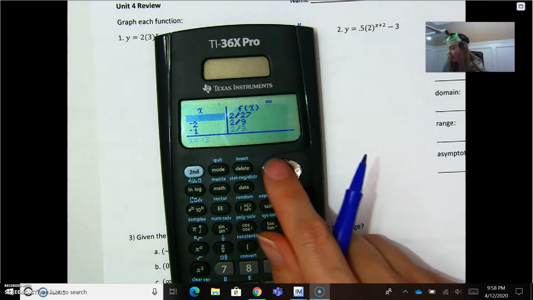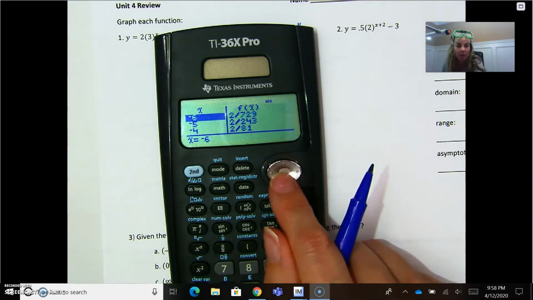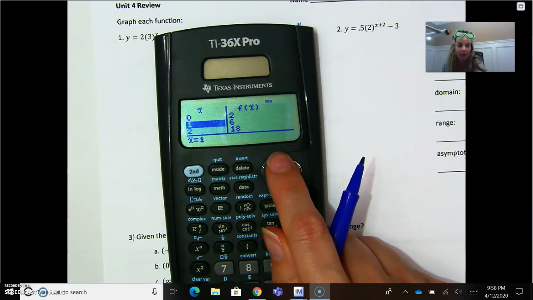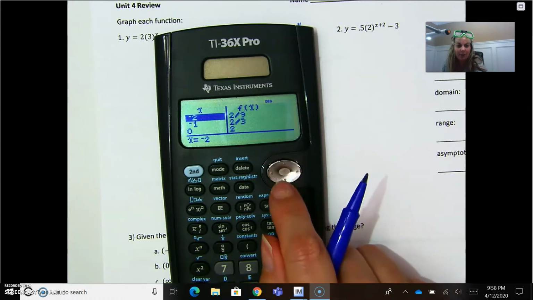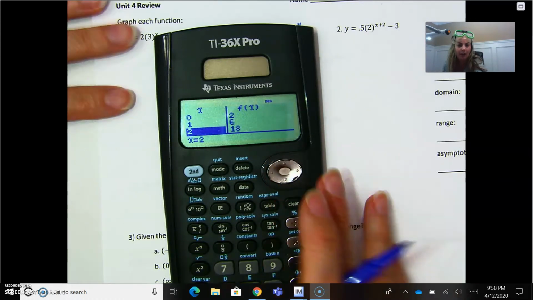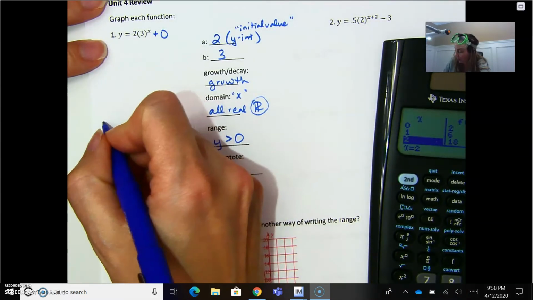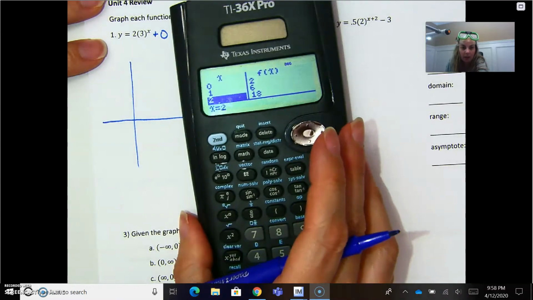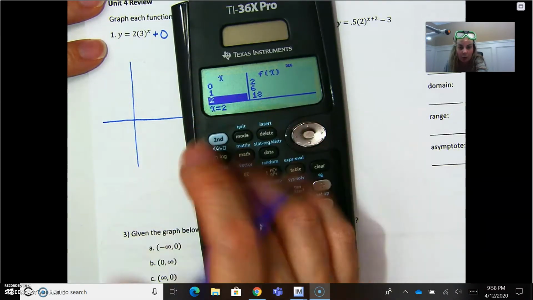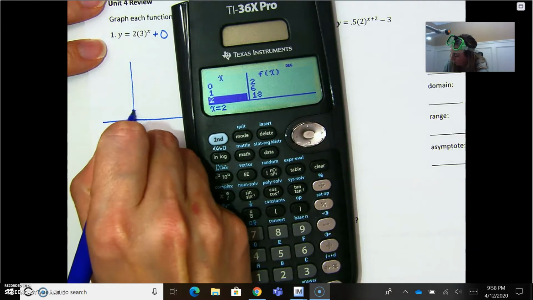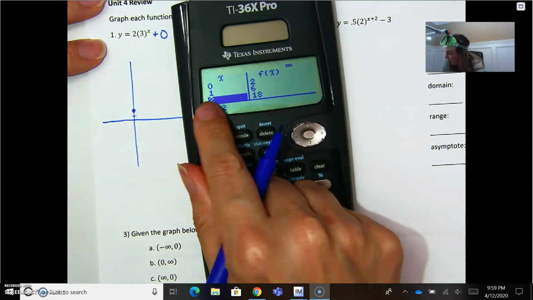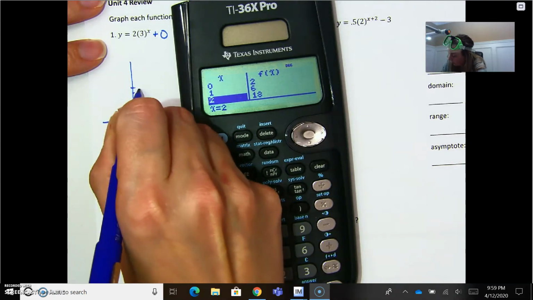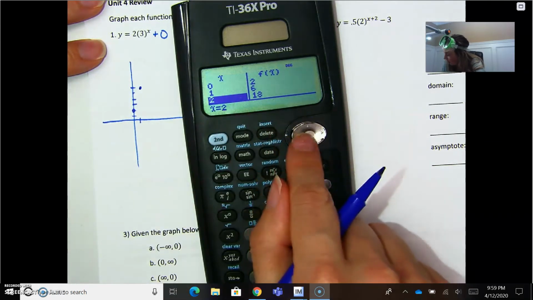And we can always watch this. You can always arrow up and arrow down and find values that you want to graph. I feel like it's probably easier right in here to do the graphing. Okay, so it says here 0, 2, and then 1, 6, and then 2, 18.